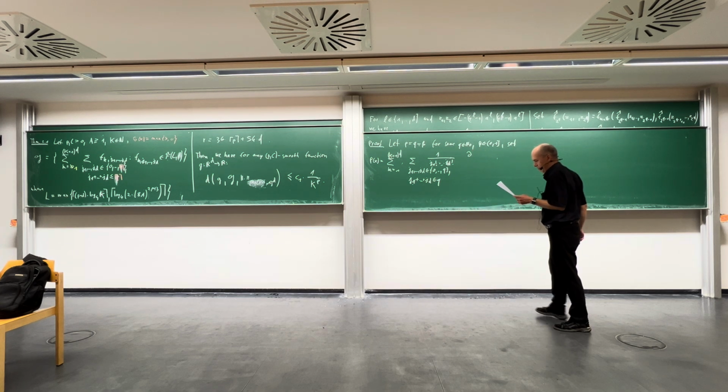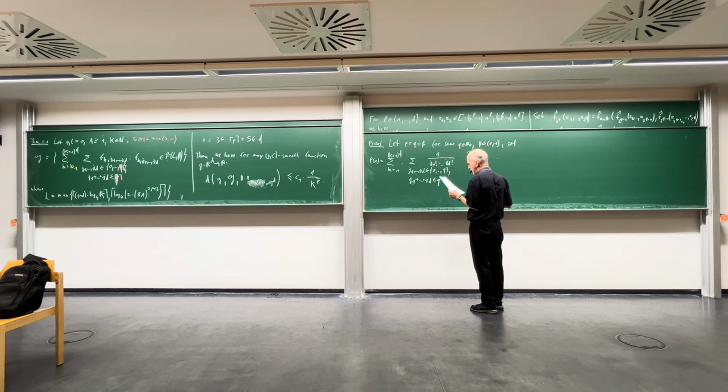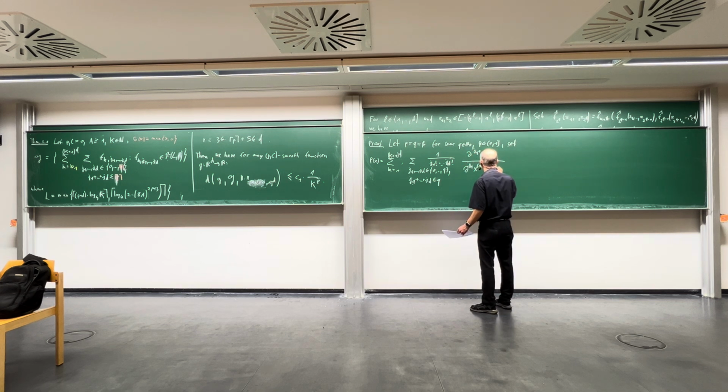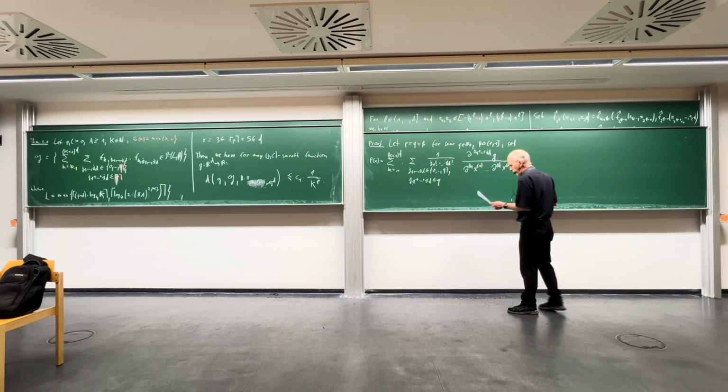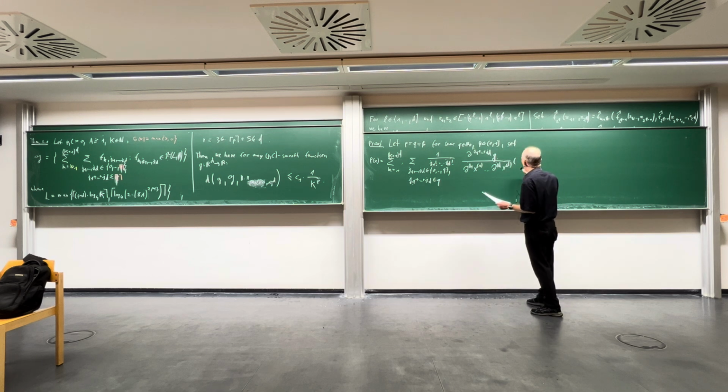So we have this partial derivative, the j1 derivative with respect to x1 and the jd derivative with respect to xd. And I evaluate this at some clever point, x_i^k.